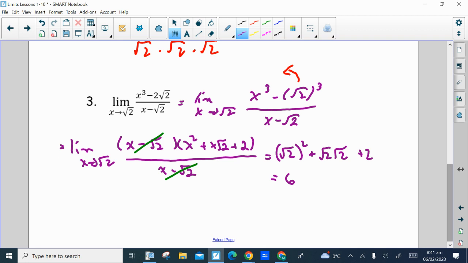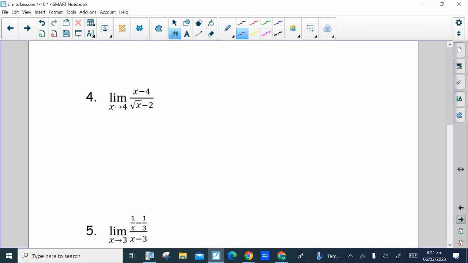But that is a non-permissive value, because at x equals root 2, there would be a hole in the graph. There would be a point of discontinuity, and that point of discontinuity would be at the point root 2 comma 6. This graph would not have a vertical asymptote, because there are no factors left on the bottom.